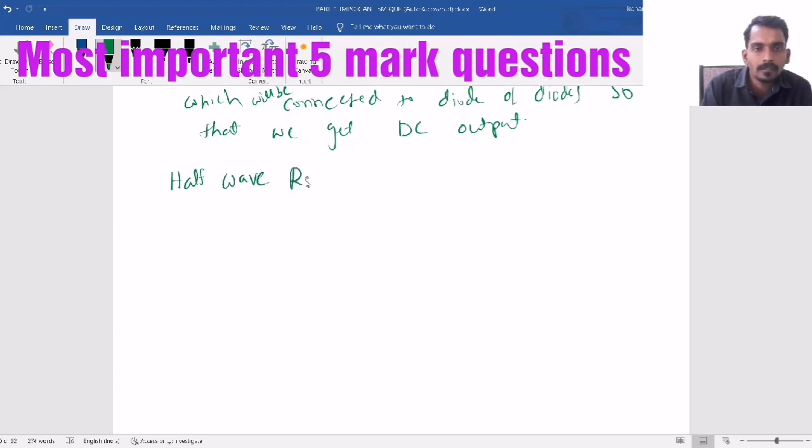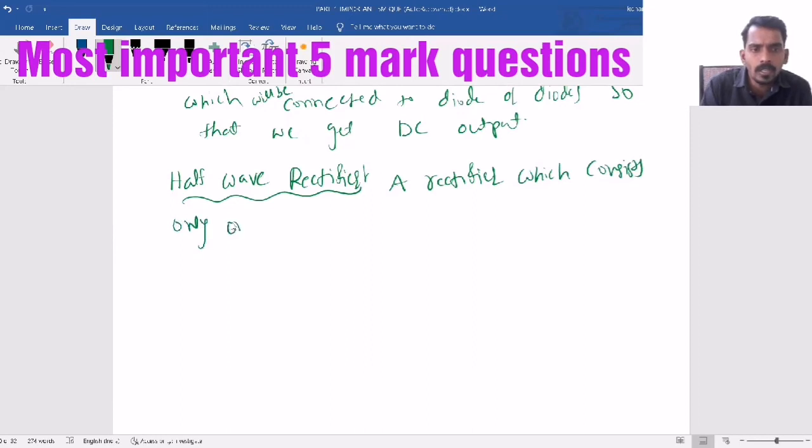So usually, let us consider the very first thing, the half wave rectifier. Now a rectifier which consists of only one diode, as shown.